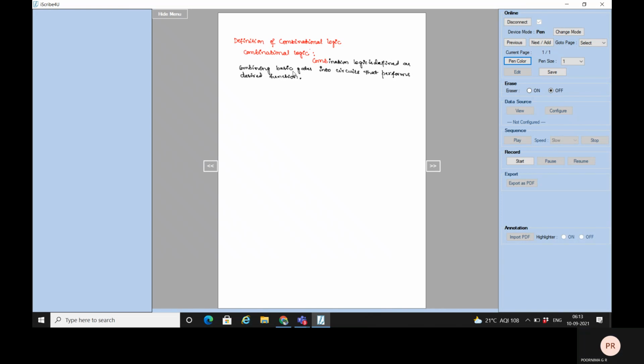Here, the basic gates meaning it may be an AND gate, NOT gate, NOR gate, or OR gate, etc.